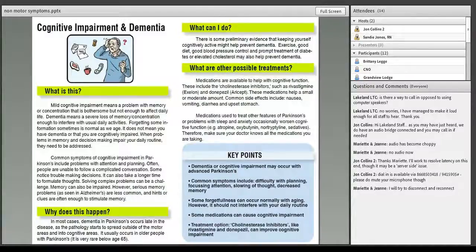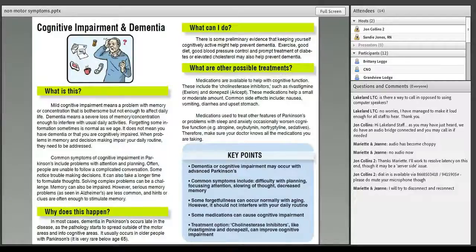It takes some time to retrieve the memories, or to formulate and process the question that you have asked them, but they can eventually come up with the correct answer. That's not dementia, okay? Mild cognitive impairment really only becomes dementia if a person's ability to carry out their activities of daily living is impaired.